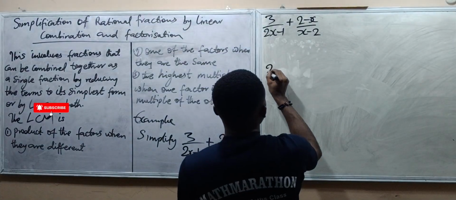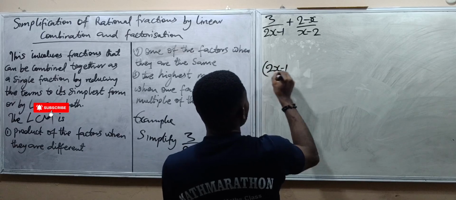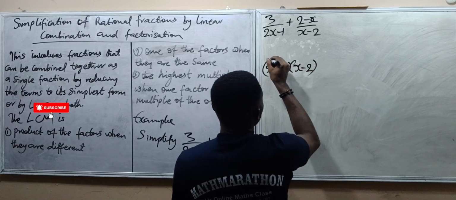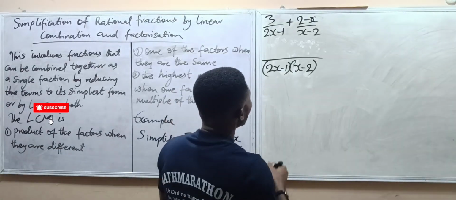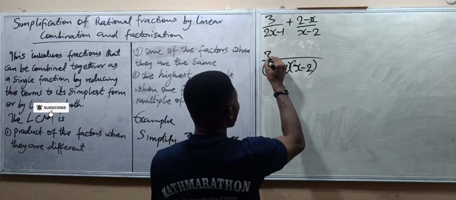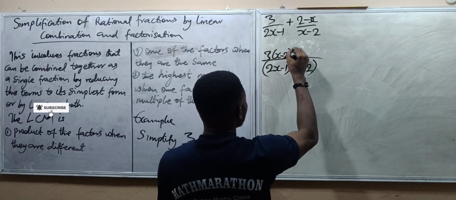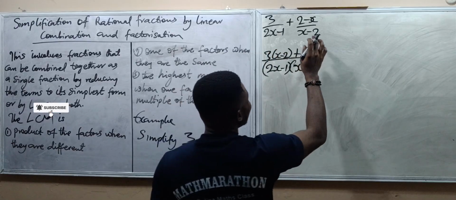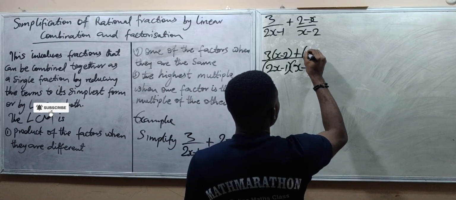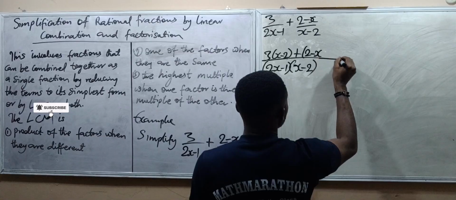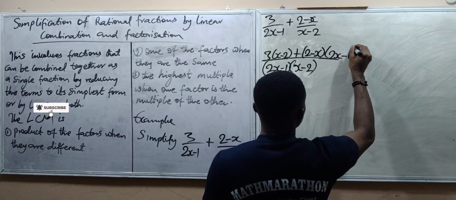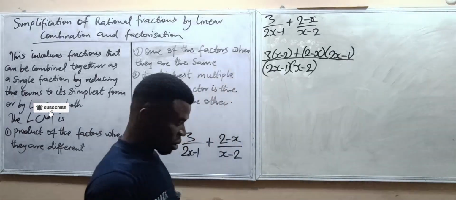So we have 2x minus 1 into x minus 2 as the LCM. Now, if this one divides this, we are left with x minus 2. So 3 times x minus 2, and then plus. If this one divides this, we are left with this. So this times this. So we have 2 minus x into 2x minus 1. Right?